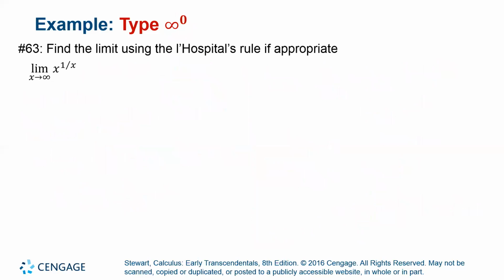Okay. Now, here's another example. That's infinity to 0. Now, if x goes to infinity, guess what? I'm going to have infinity raised to 1 over infinity. Infinity is a large value. The 1 over there would be very small, approaching 0. So this is basically infinity to 0.